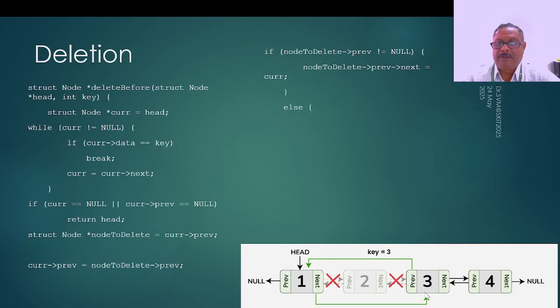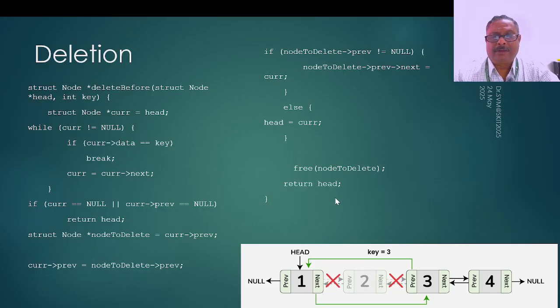If this is not null. If it is null, then that itself is the head, and then free this node to be deleted, and then return the head. So these are the links to be created, and then this memory has to be freed.